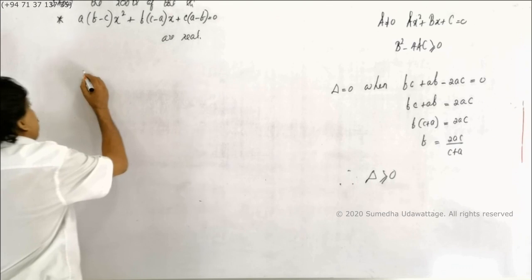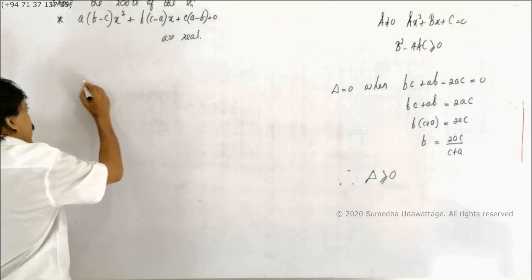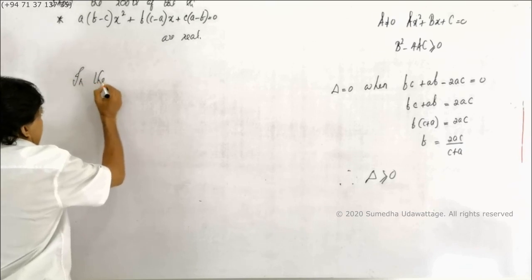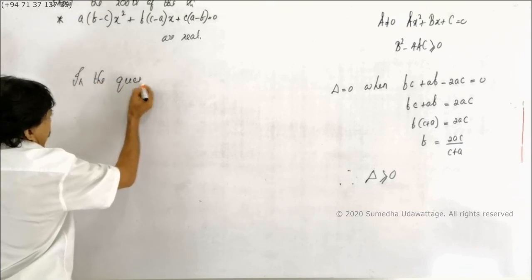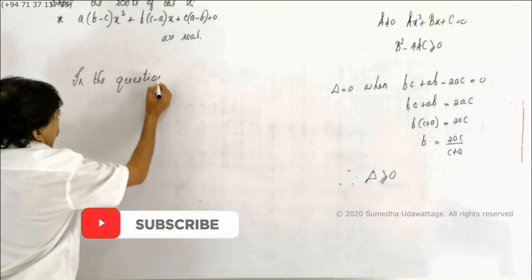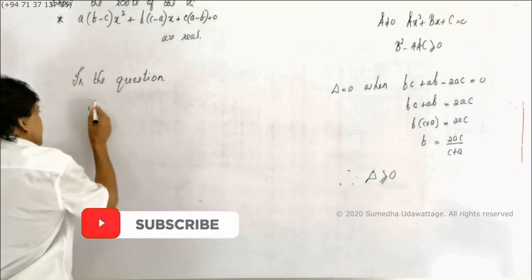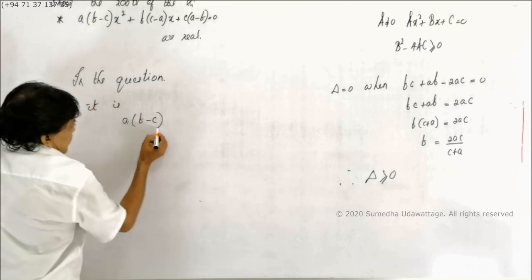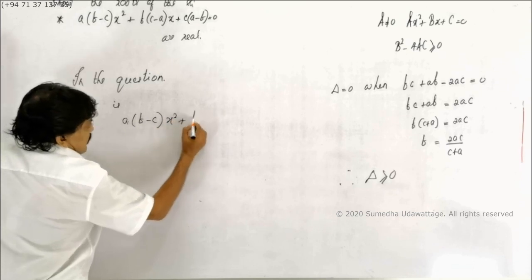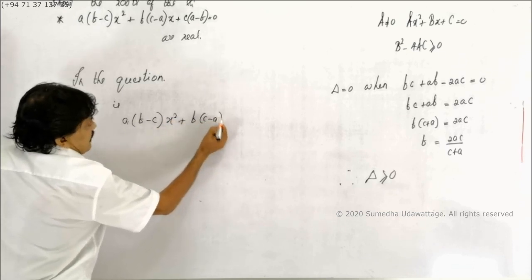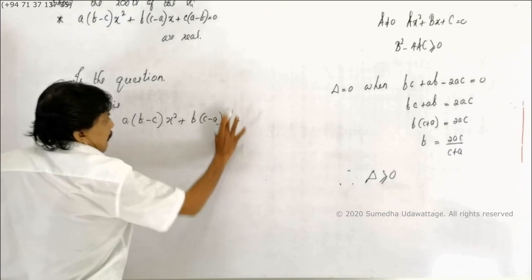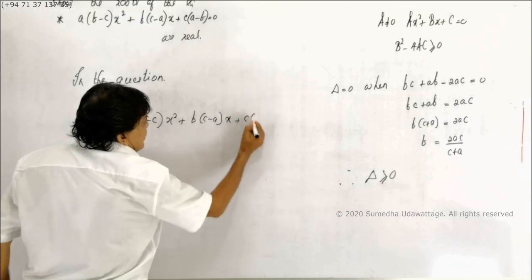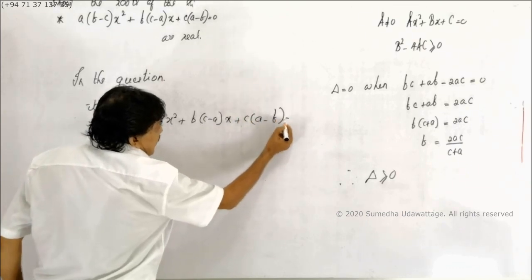In this question it is A times (B minus C) x square plus B times (C minus A) x plus C times (A minus B) is equal to 0.